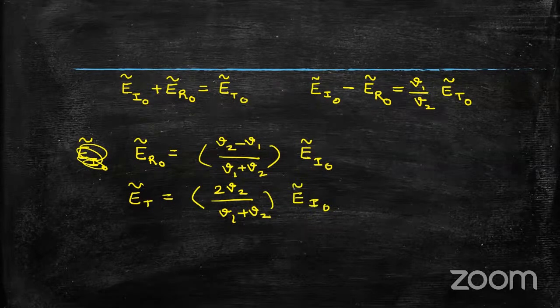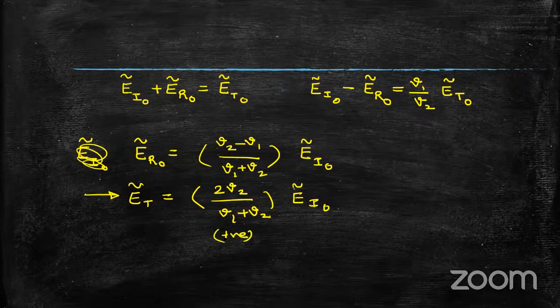Now looking at these equations, we have a relationship between something given as an input to our system and the output we are getting. Now let's look at the properties. If you look at E transmitted, it is always positive with respect to E_I0. So let's look at the second equation first. The term in the bracket of the second equation is always positive.